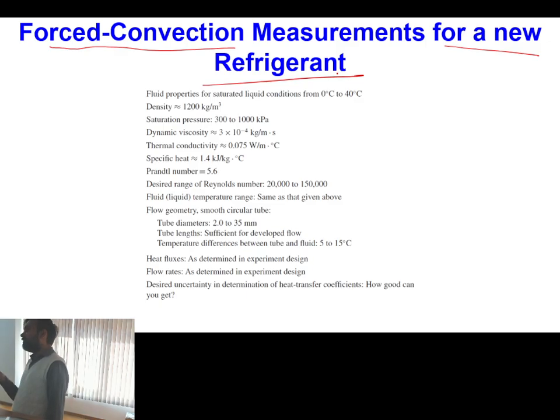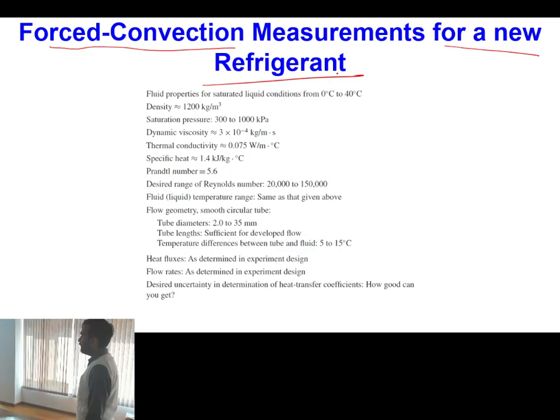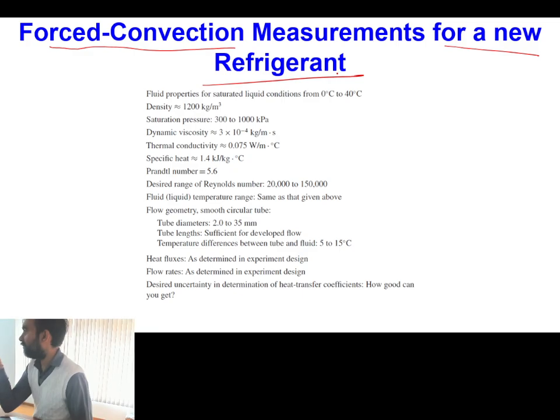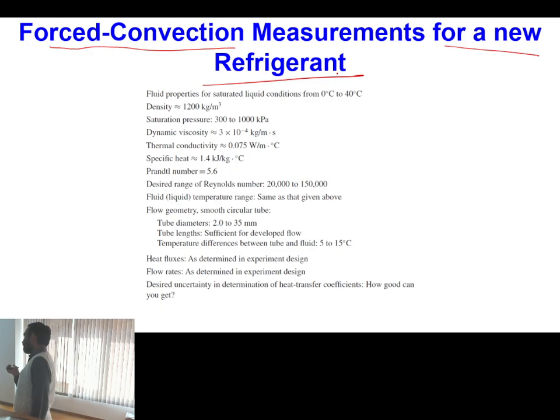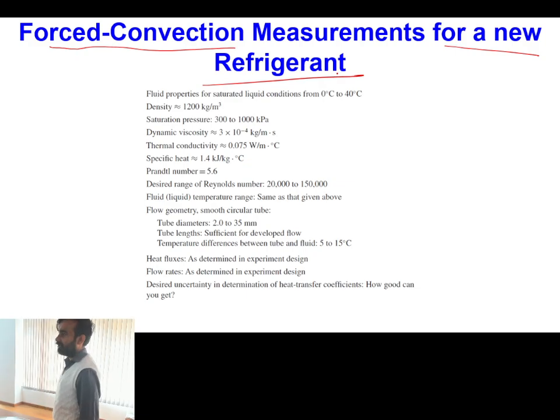Someone in the laboratory, say a material scientist, has come up with a new special type of refrigerant using some chemical composition, and now the scientist wants to test what the heat transfer characteristics of this particular refrigerant are under forced convection conditions.